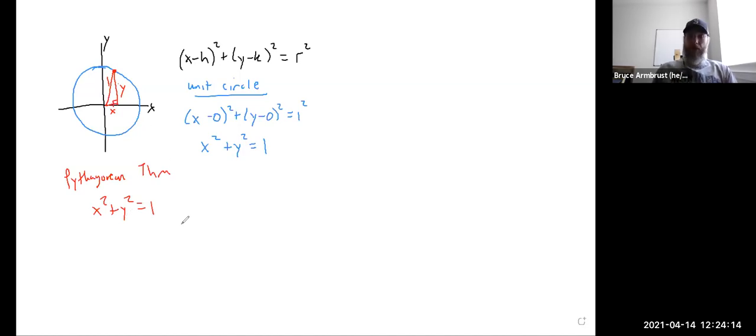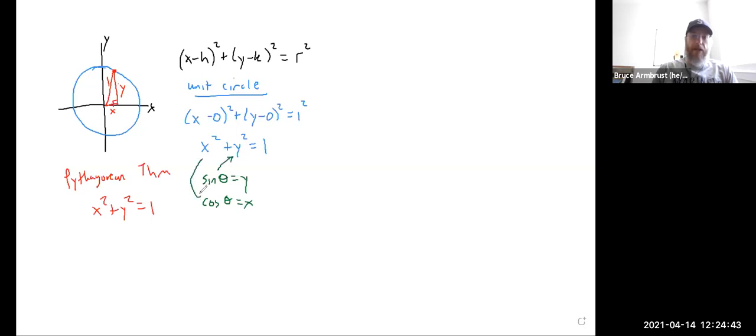What I really want to show you here is to think about this equation for the unit circle, but let's change it into trig functions. With the trig functions, remember that sine of theta was equal to y, and cosine of theta was equal to x.